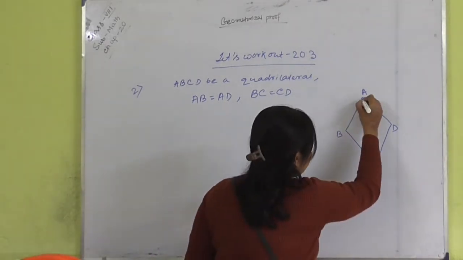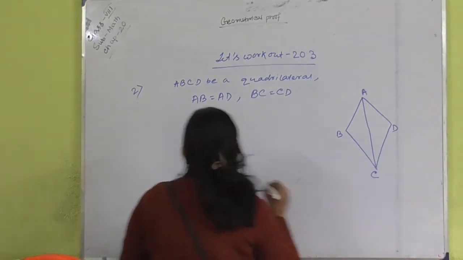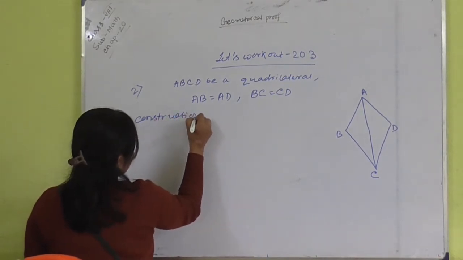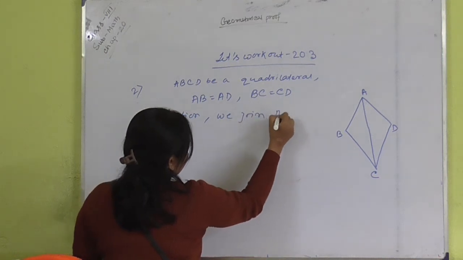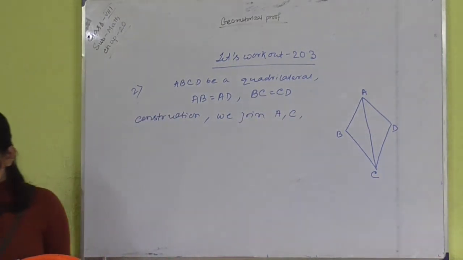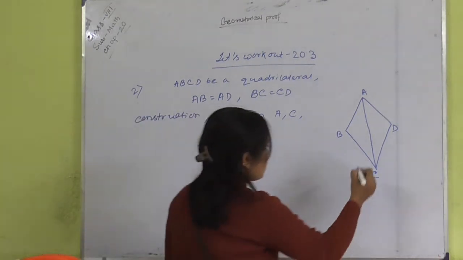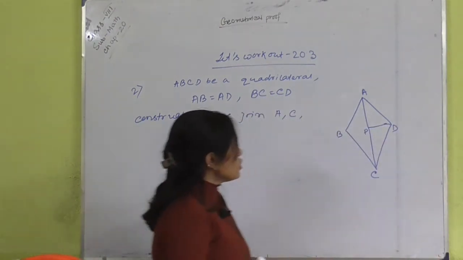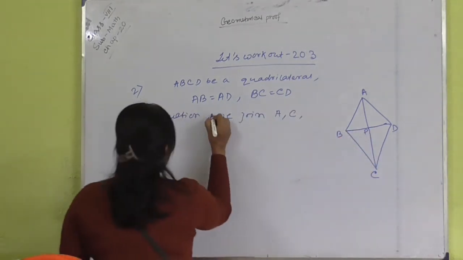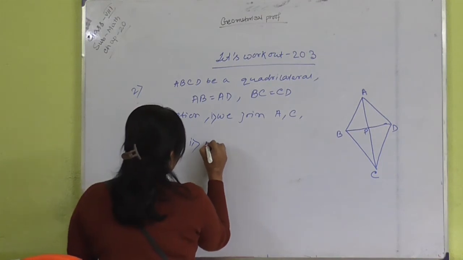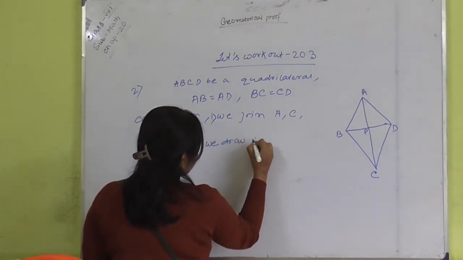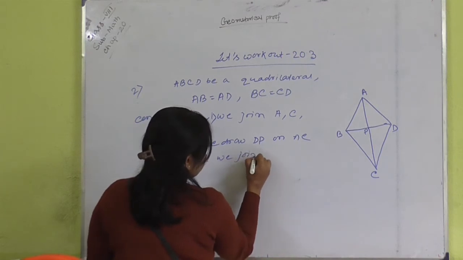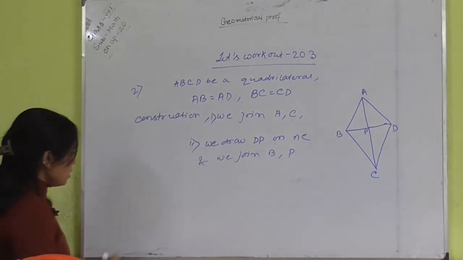That means at first we join A and C. So the construction is, at first we join A, C. Now DP is the smallest distance, that means this distance, and also we join B and P. So construction number 2 is, we draw DP on AC and we join B and P.